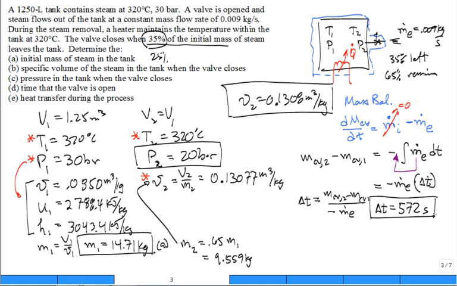All right. Next part is what is the heat transferred during the process? We used a mass balance to solve for part D. What type of balance do you think we use for E? Energy balance. So let's write down the energy balance.